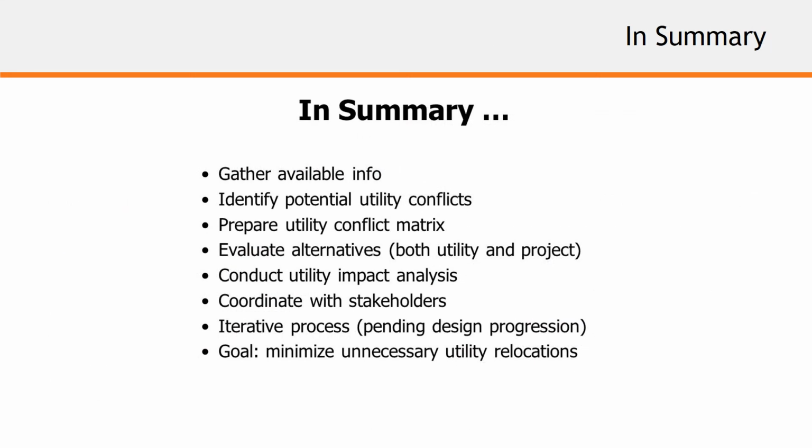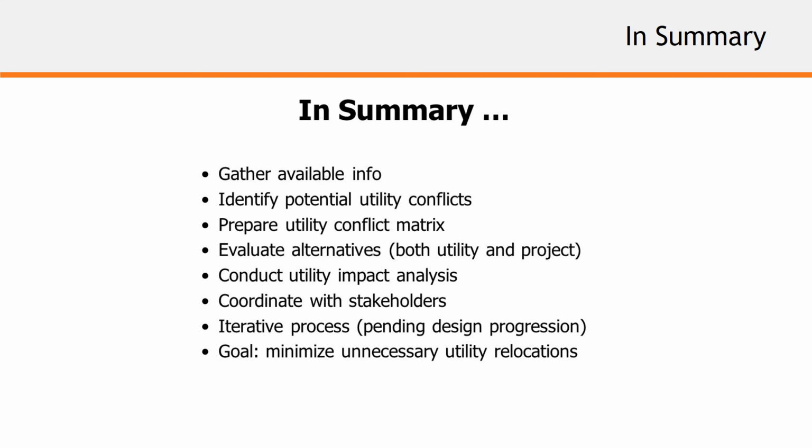In summary, gather SUE information early in the design phase. This will allow the identification of potential utility conflicts as you approach 30% design. Post 30% design will allow for test hole investigations that will in turn prepare the utility conflict matrix.